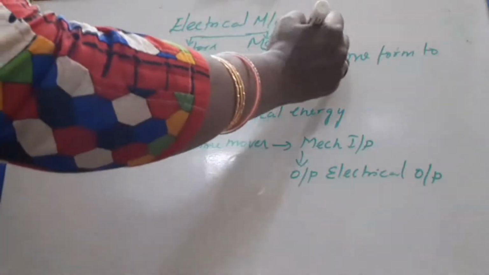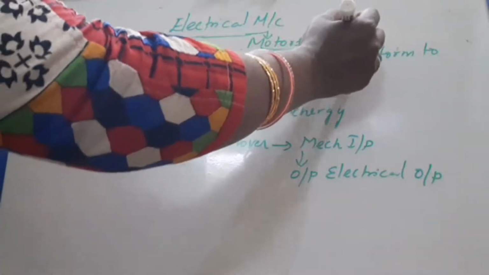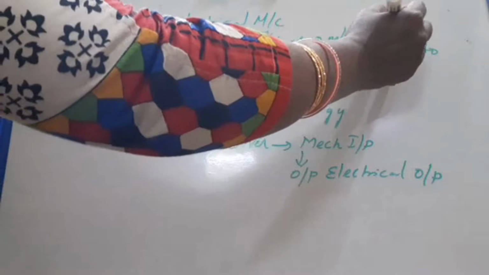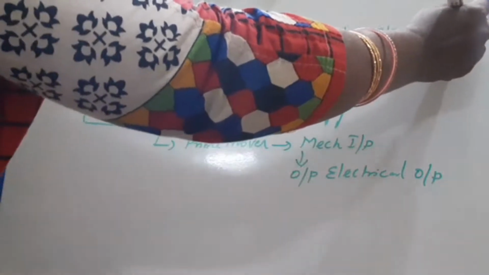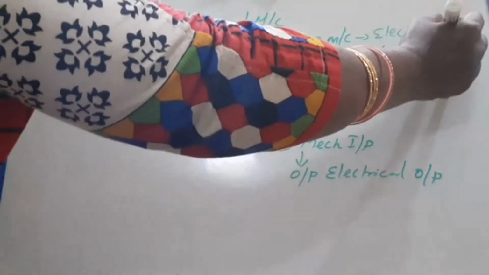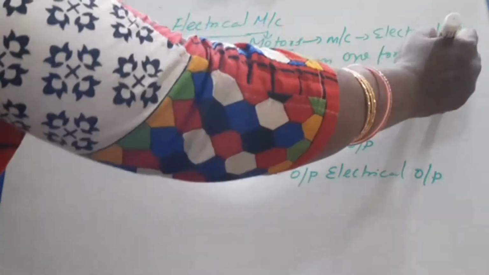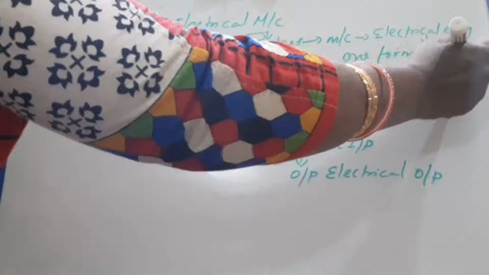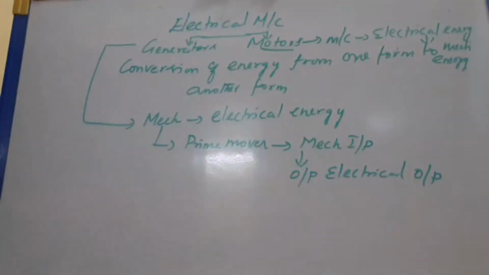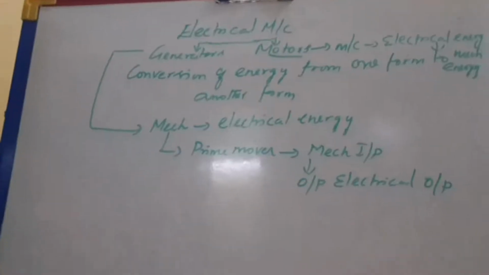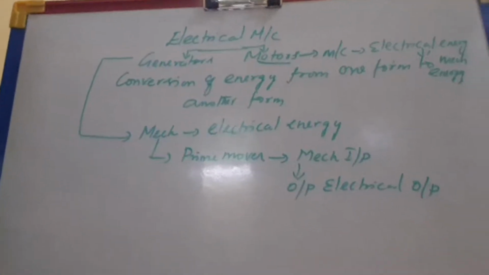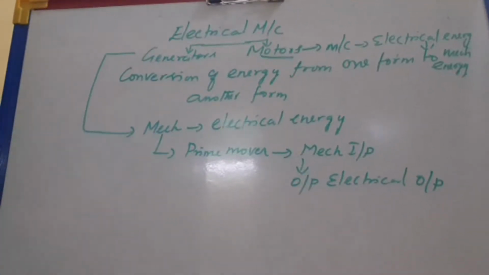A motor is also a machine, which converts electrical energy into mechanical energy. So in the case of a motor, we are giving electrical input, and it produces mechanical output.